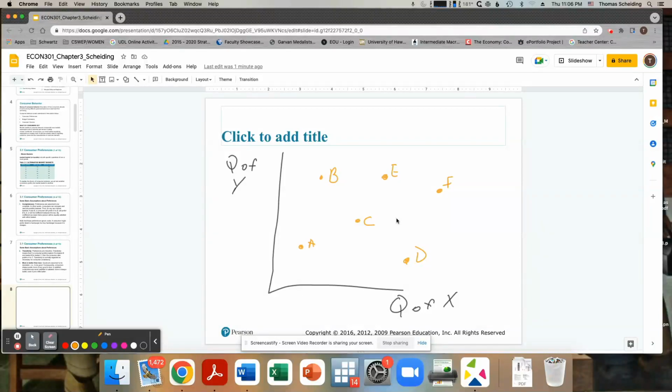What about A to D? That we don't know. Because while A has more of Y than D, A has less of X than D. So it has more of one and less of the other. So we don't know enough yet.